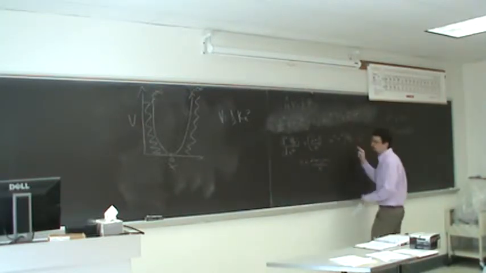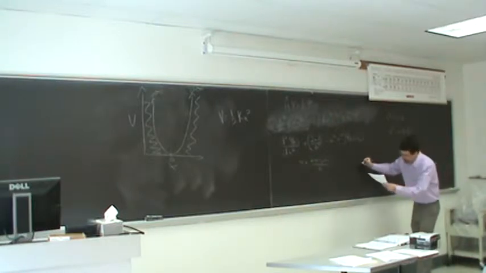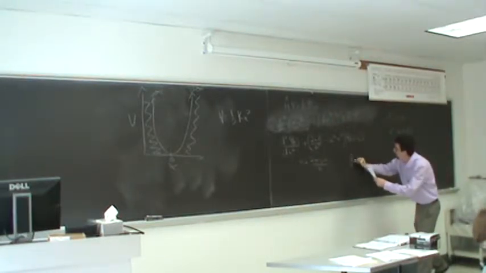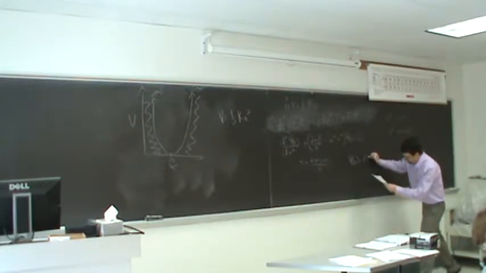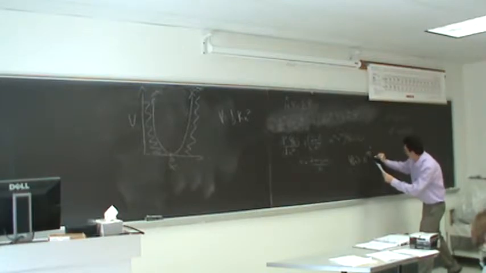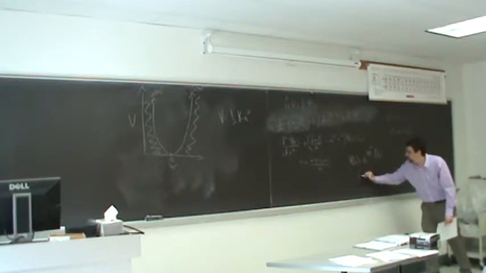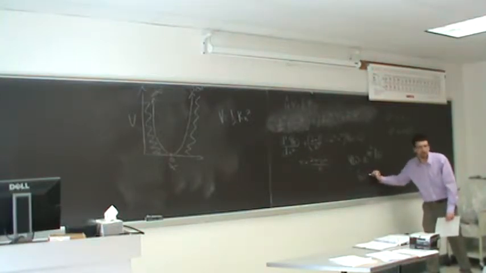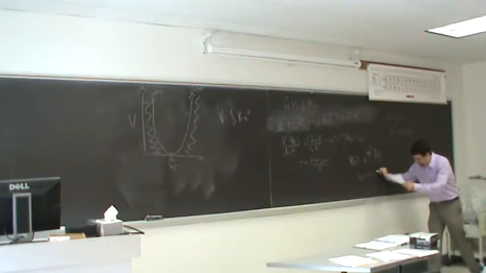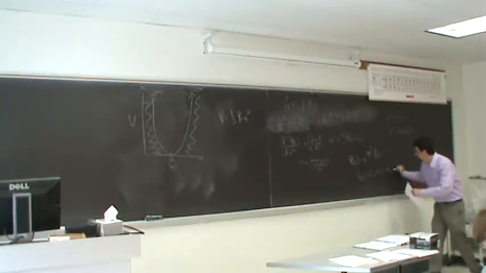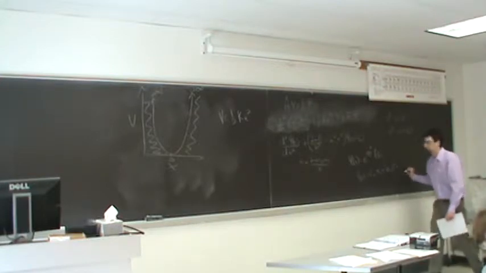And so the solution to this ends up being a Gaussian, where psi of x is e to the negative alpha x squared all over 2 times some function, and this function f of x is actually a power series. So you have c0 plus c1 x to the first plus c2 x to the second, and so on.